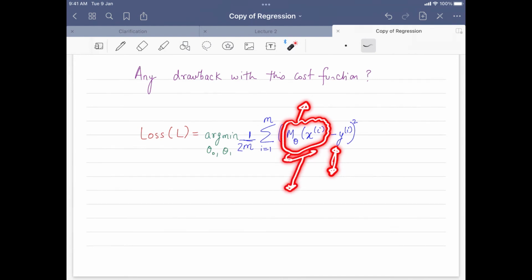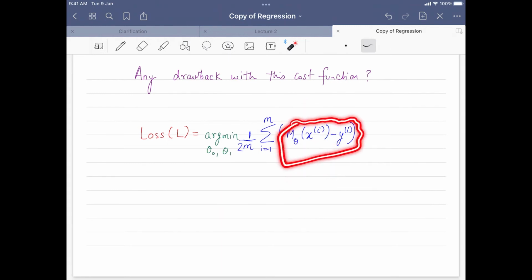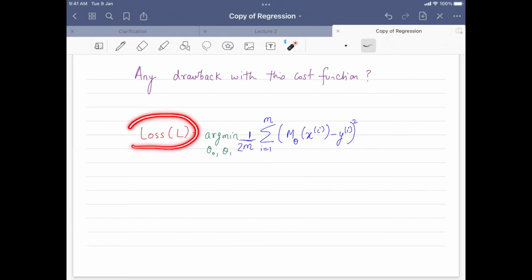So what it tries to do is minimize this error. So if the error is large, it tries to minimize that error. Okay, that is the main objective of this loss function. When you take the derivative of the loss with respect to theta and you do gradient descent, what you try to do is minimize this error. So I hope you know this thing. This is the main objective of finding this loss function, right?